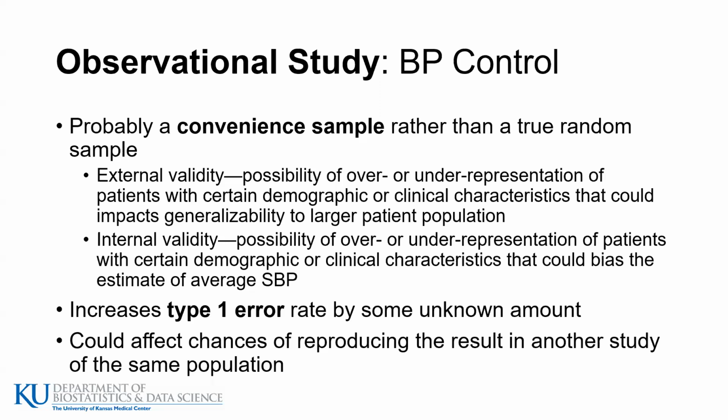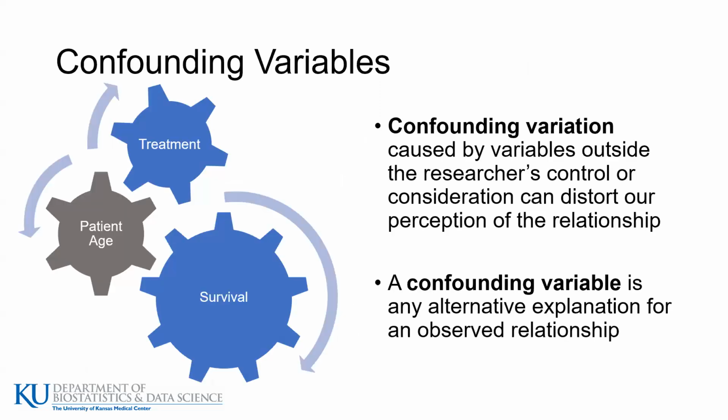But the question is, could these threats to internal or external validity actually change the conclusions of the study? This brings me to the concept of a confounding variable.